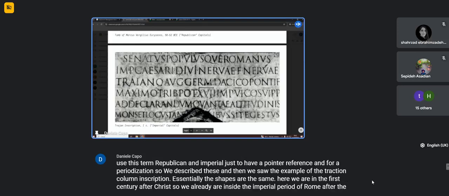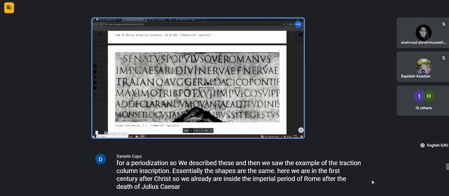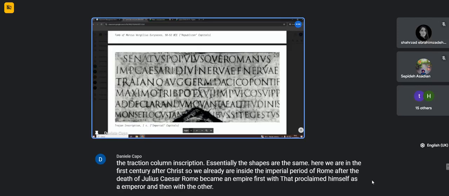After the death of Julius Caesar, Rome became an empire, first with Augustus, who proclaimed himself an emperor, and then with the other emperors that followed.